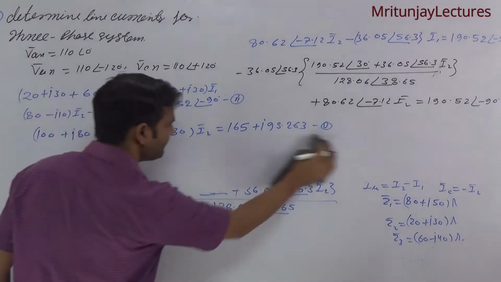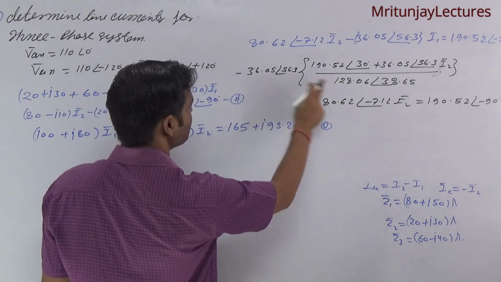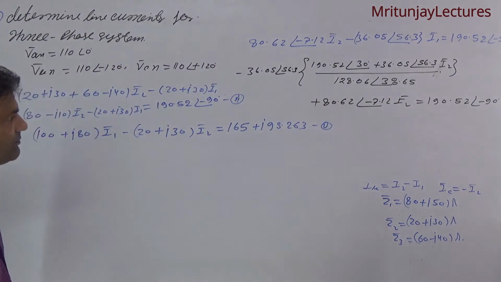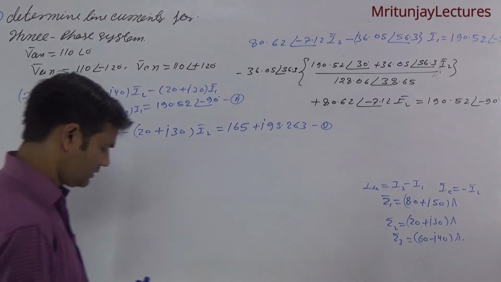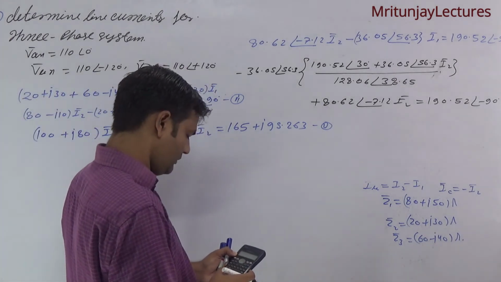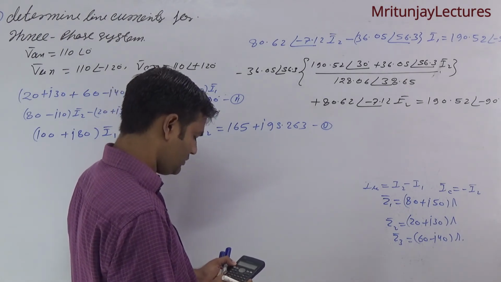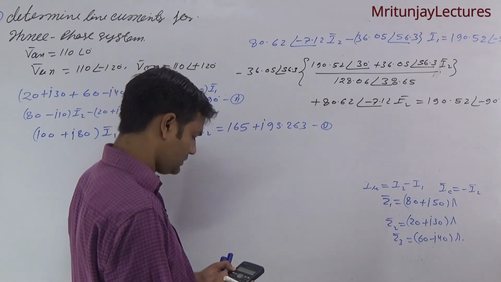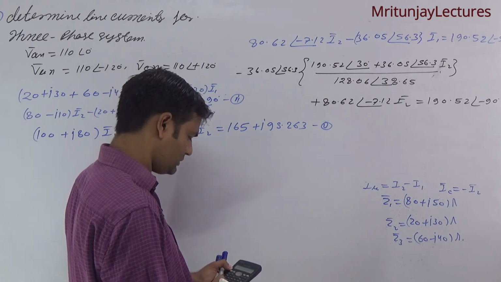Now our next target, this division by this one: 36.05 at the angle 56.3, divided by 128.06 at the angle 38.65.